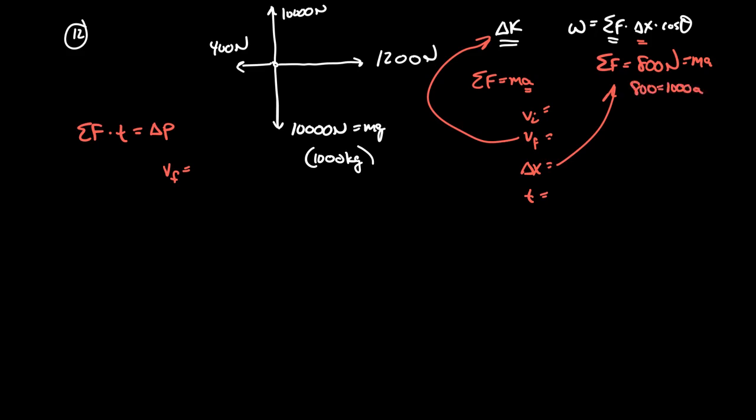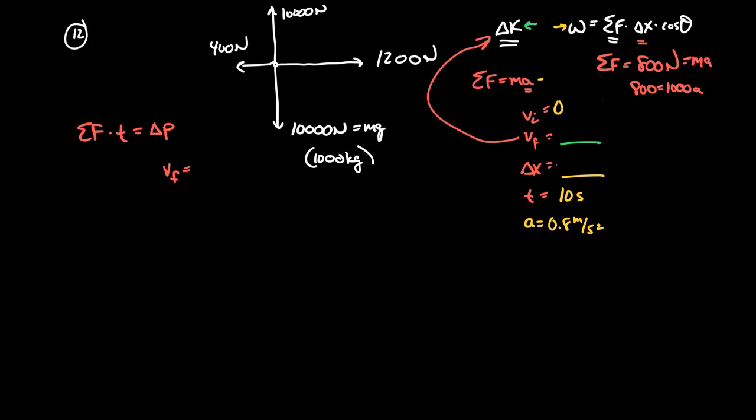So a is going to be 0.8 meters per second squared. t is 10 seconds. Now, initial velocity is 0. Do you want to use this relationship to figure out work? If so, we need the displacement. Or do you want to use this equation to figure out work? If so, we need final velocity. Pick one. Displacement or final velocity?